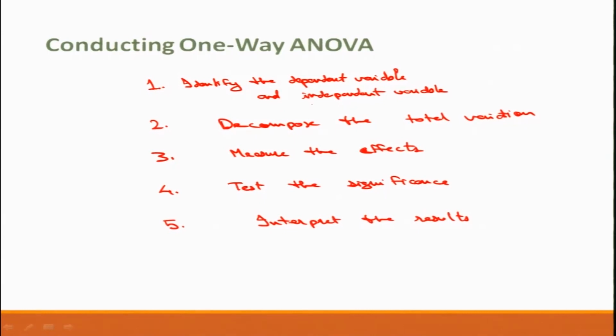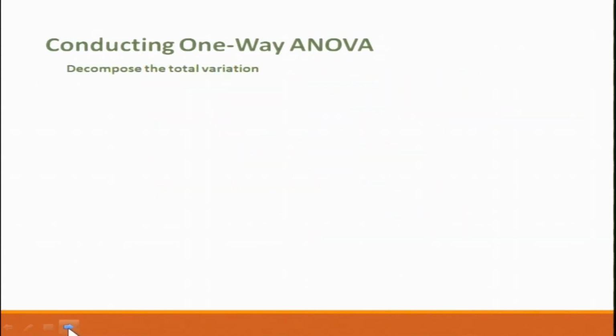All these steps go in a progression, one after the other. I will take an example and try to use all these steps to explain how ANOVA works. First thing is identifying dependent and independent variable. We will see in the given table what are independent and dependent variables.